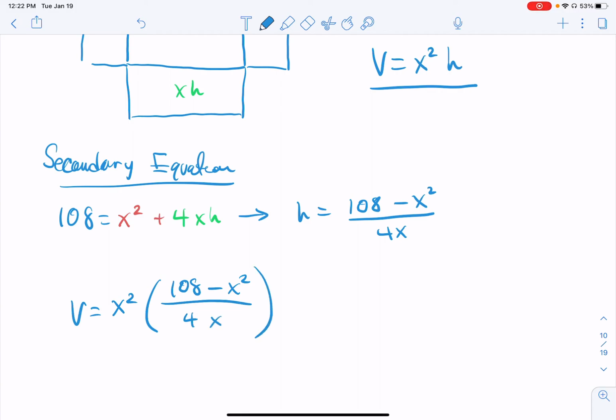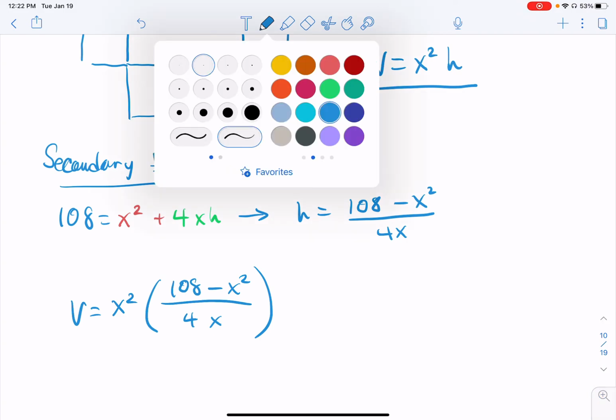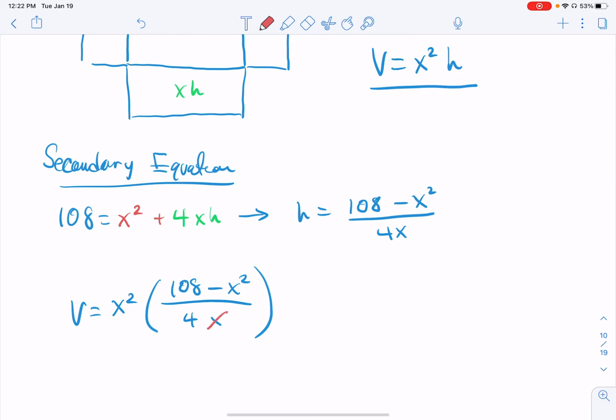You can leave it like that, but I'm going to suggest that you use some algebra skills and clean this up a little bit. For example, I can cancel out one of these x's, and let's distribute this remaining x through the parentheses, and also divide by 4.